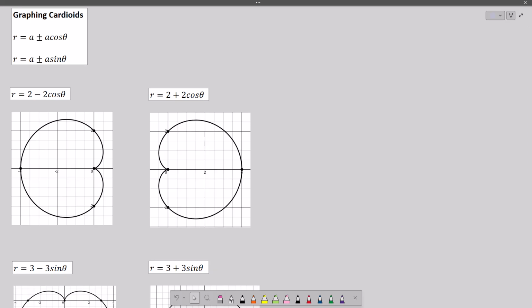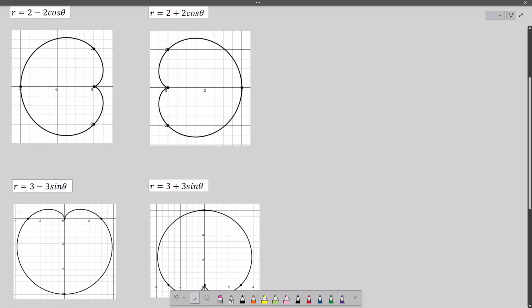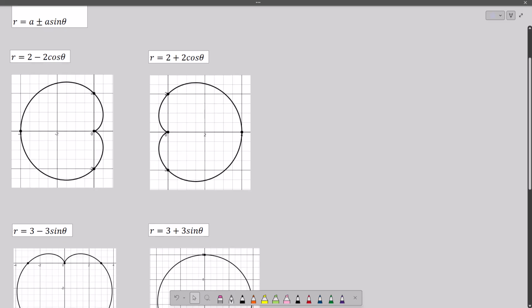The equation form of a cardioid will be r equals a constant plus or minus the same constant times sine or cosine. As long as these two magnitudes are the same, it's going to be a cardioid. So it doesn't matter. There could be two minuses, two pluses, a plus and a minus. Does not matter.